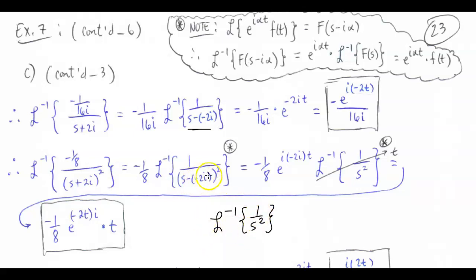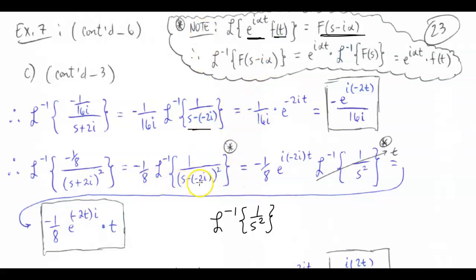If I have the Laplace transform of something, but with some kind of shift in the s domain, that's the equivalent of saying e raised to the i alpha t times f of t in the t domain.